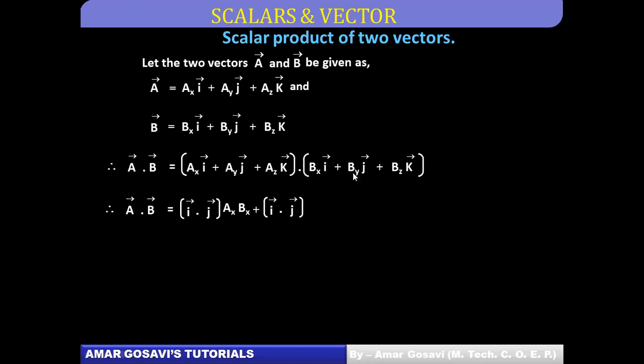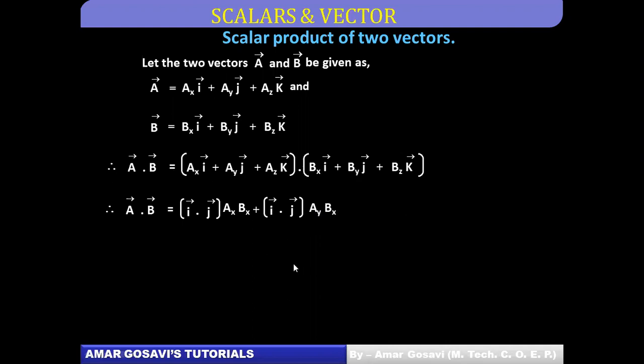You can see AX BY. After the bracket we will place AX BY. Here also a correction is needed: it should be AX BY, not AY BX, because we are multiplying AX by it. So AX BY, correct that.